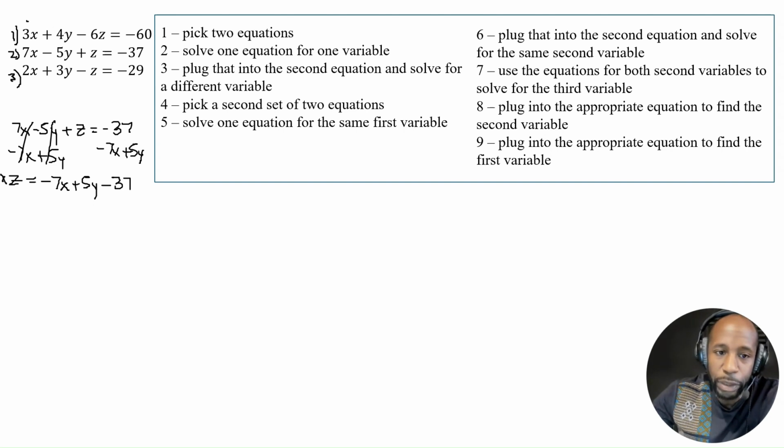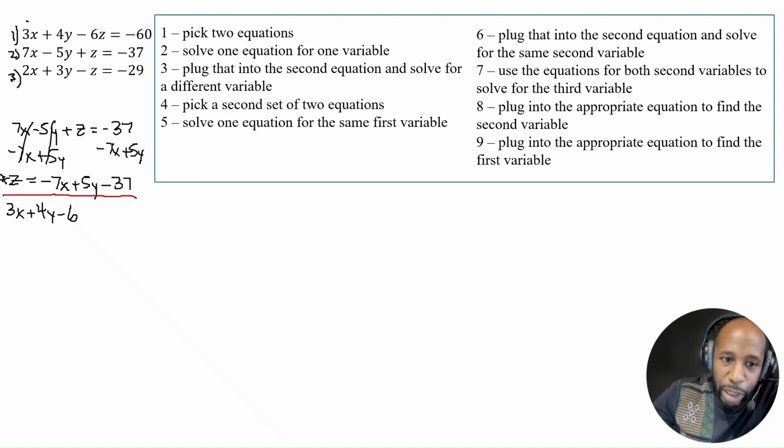I'm going to put some delineating lines after each step so that it can be very clear since there are so many steps here. All right, so 3x plus 4y minus 6z, but in place of z, I'm putting negative 7x plus 5y minus 37, close parentheses, equals negative 60.